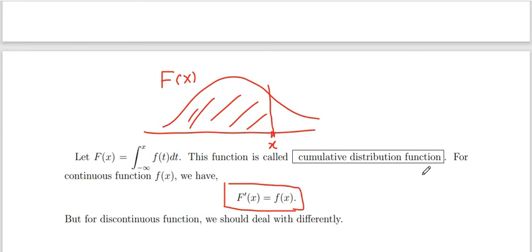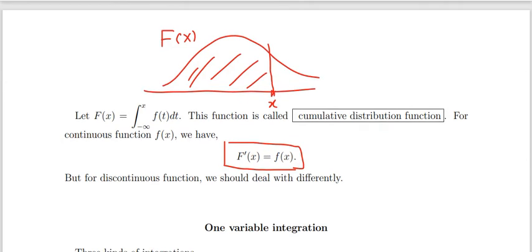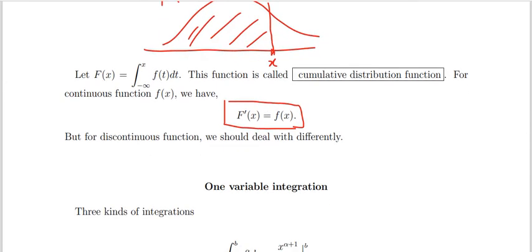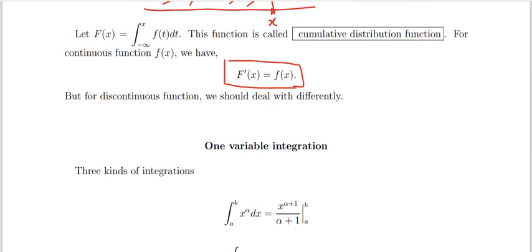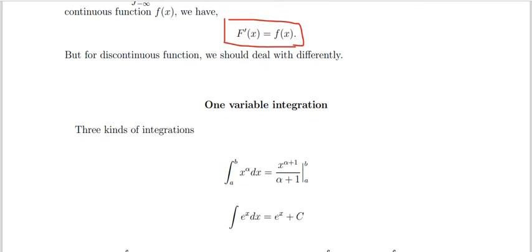For the continuous situation, we just involve one variable integration. We have three kinds of integration. The first one is with a power function: integral of x to the alpha dx equals x to the alpha plus 1 over alpha plus 1, right?